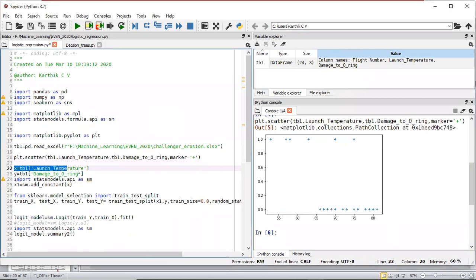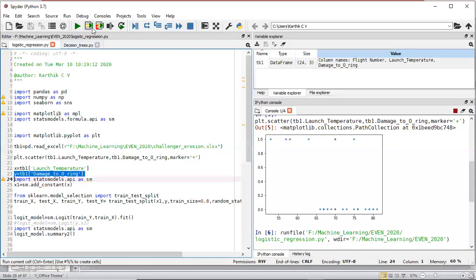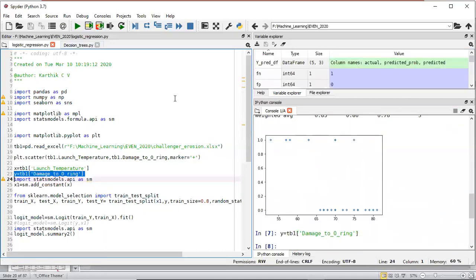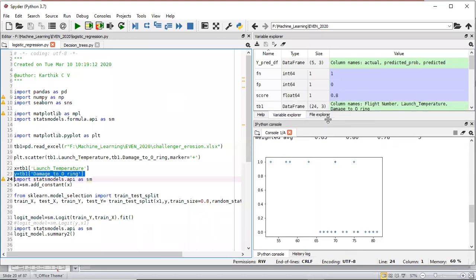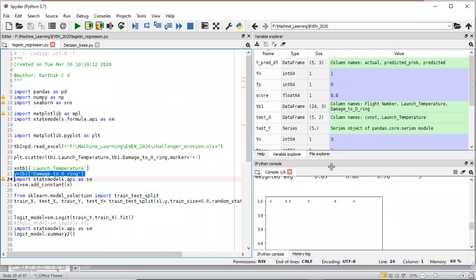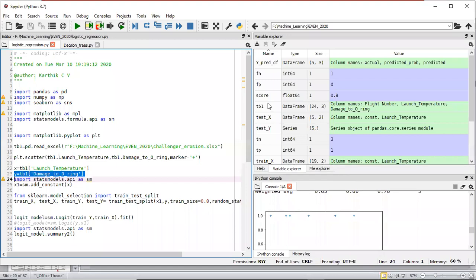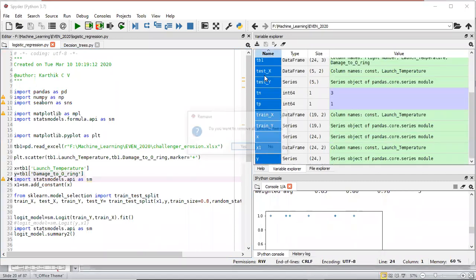So here now I'm taking my X as launch temperature and Y as damage to the O-ring. It has run the entire file.